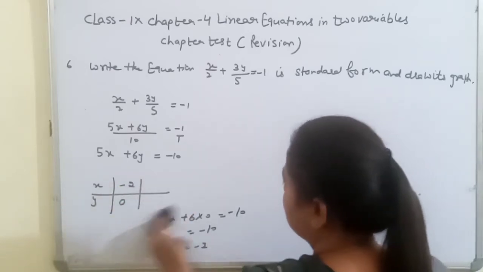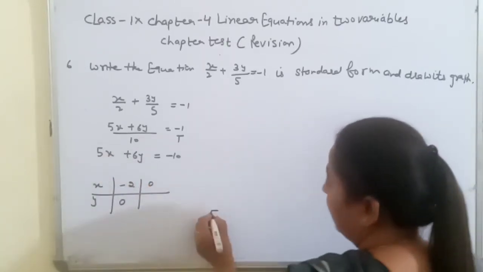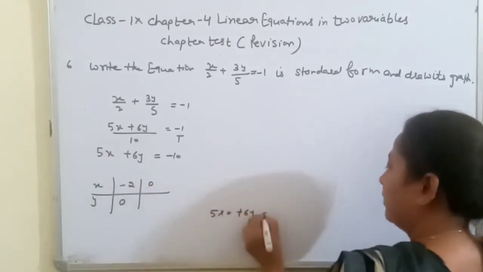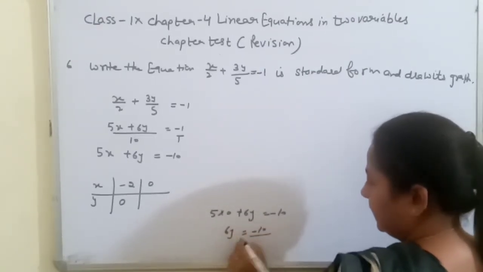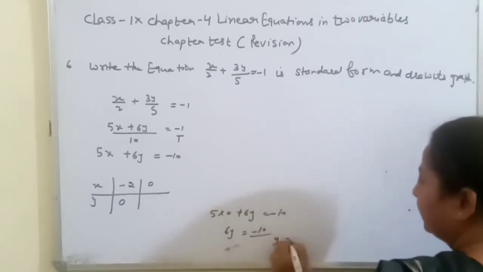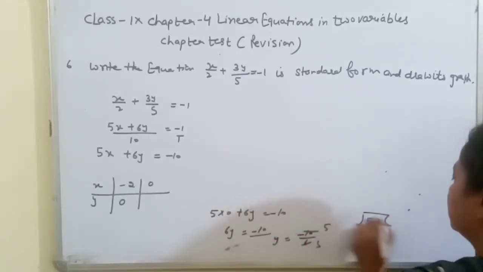Secondly, when x is 0, 5 into 0 plus 6y equal to -10, 6y equal to -10, y equal to -10 by 6, this is -5 by 3.